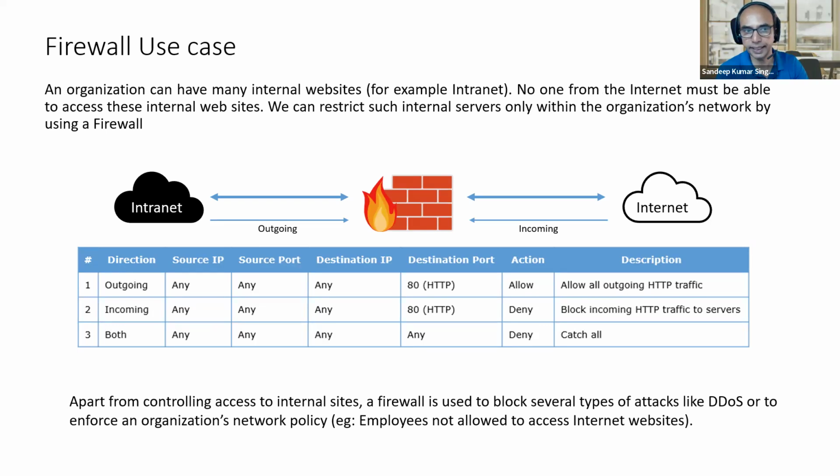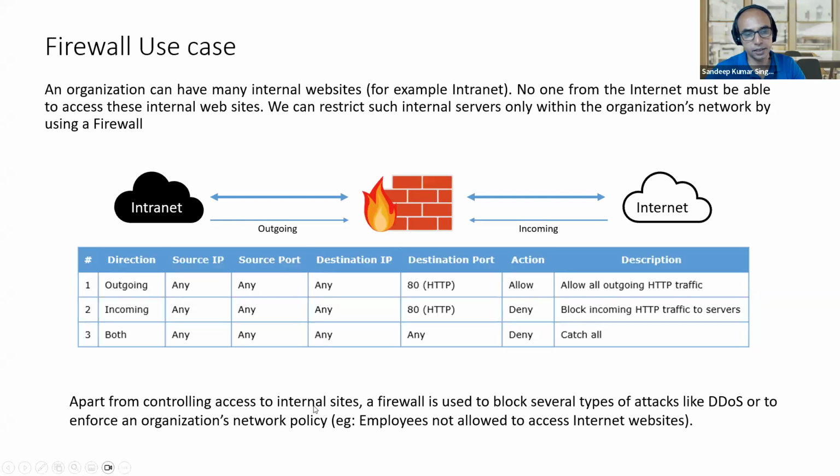So if some request comes for any intranet website, the firewall should be blocking that out. So you can see that any request that is coming on the port, block incoming HTTP traffic to the server. So that's what will prevent anybody on the internet from accessing the intranet application. So that's the job of the firewall.